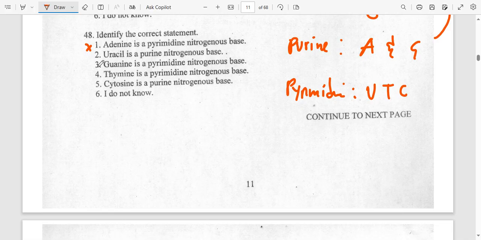Uracil is a purine, that's also not correct. Guanine is a pyrimidine, that is correct. Thymine is a pyrimidine, that is also correct. You can see that thymine is a pyrimidine. And then cytosine is a purine nitrogenous base. This is not correct.